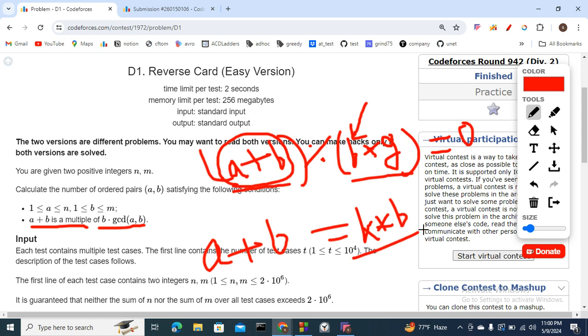If it is k times b, only then we can divide it by b. So it must be in the form k times b, so here a must be some integer times b.